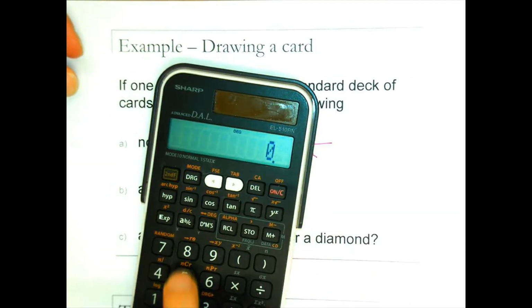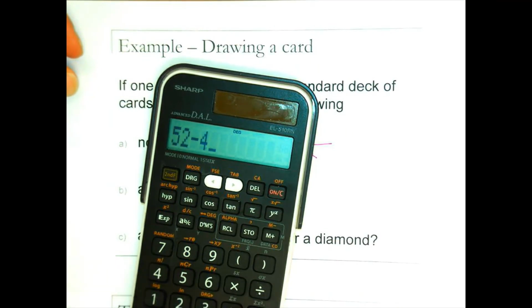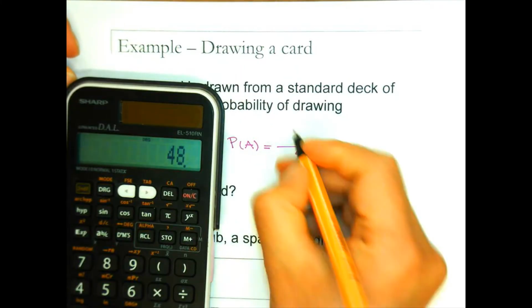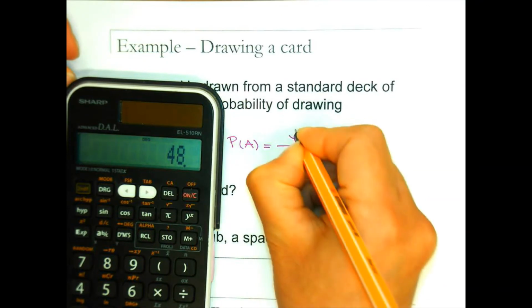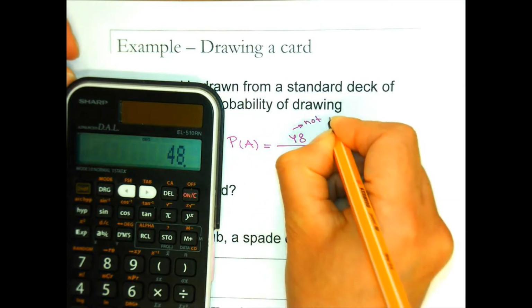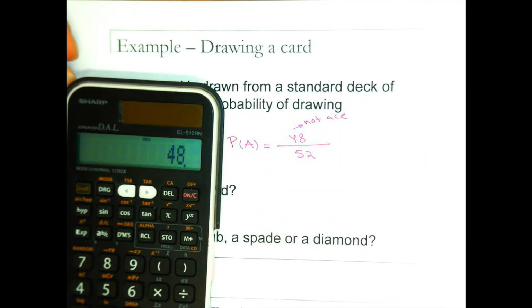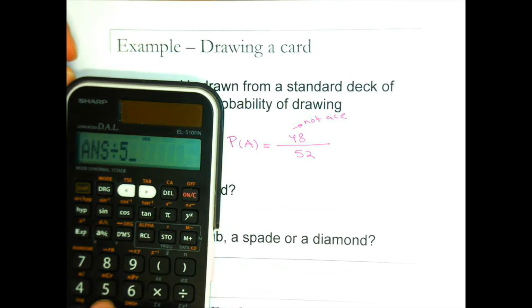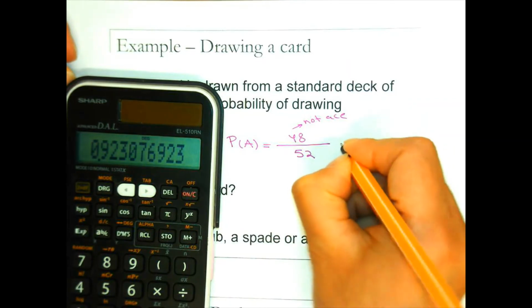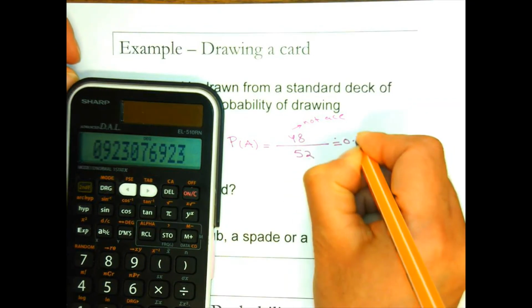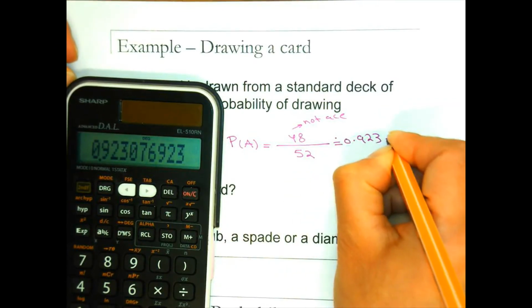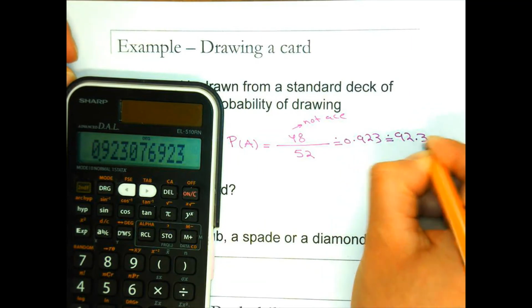So you will do 52 minus 4. So 48 are not ace. They are other numbers and face cards. So 48 divided by 52, 0.923, or approximately 92.3%.